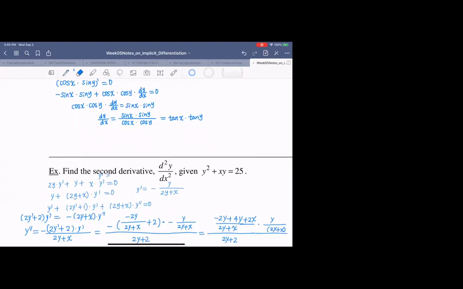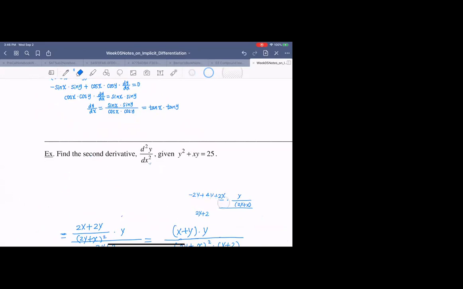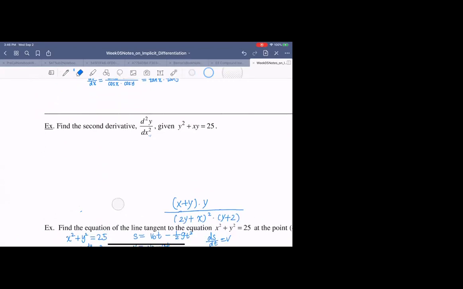Now let's challenge ourselves a little bit. We are going to do the second derivative, which you did before. Okay. So based on the implicit method, first get the first order derivative and then get to the second one.